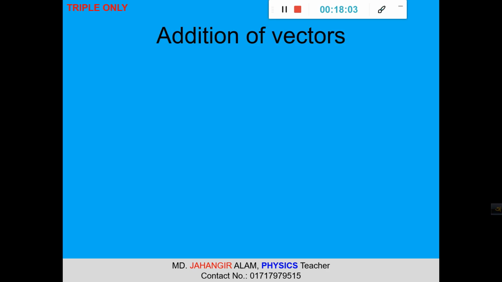Addition of vectors. Here, an object has two forces acting on it in the same direction, that means the right direction, 4 Newton and 6 Newton.